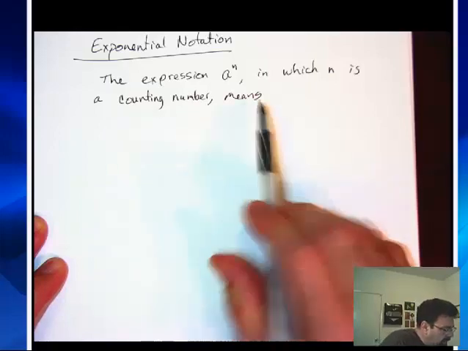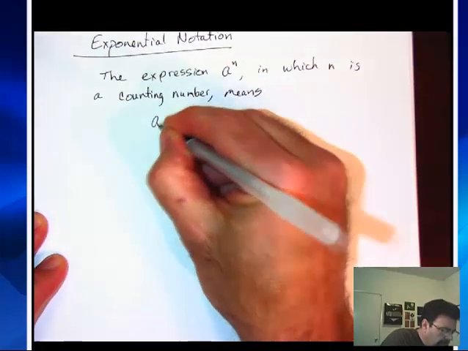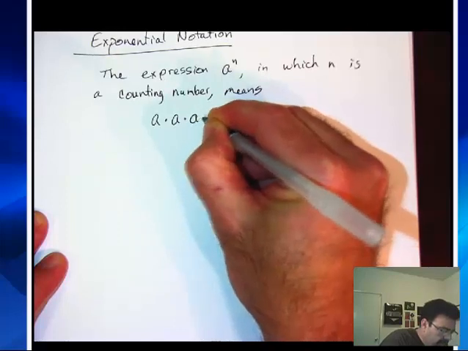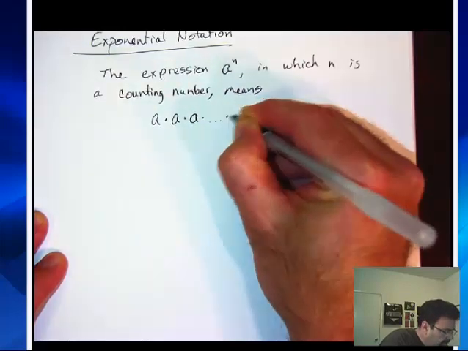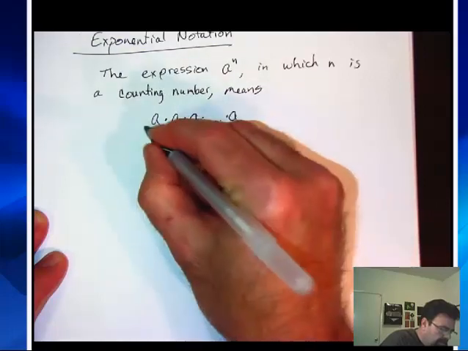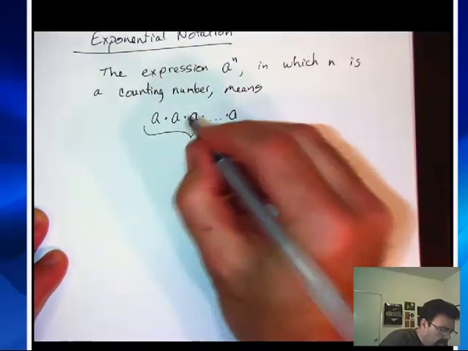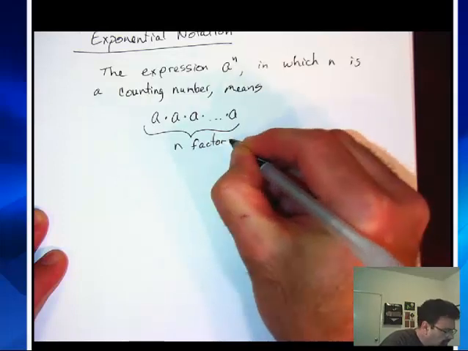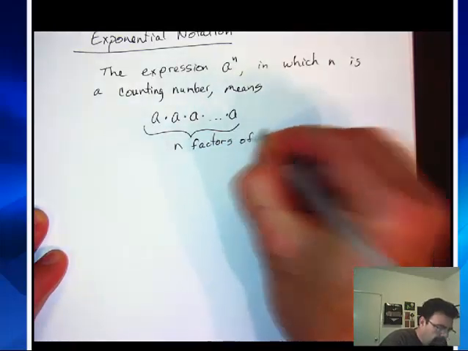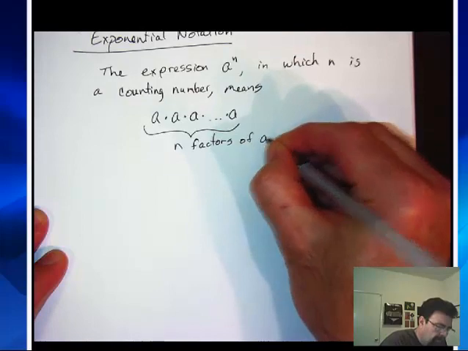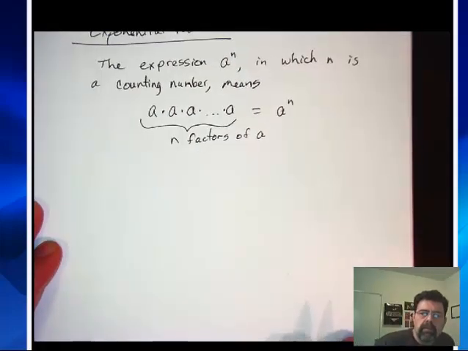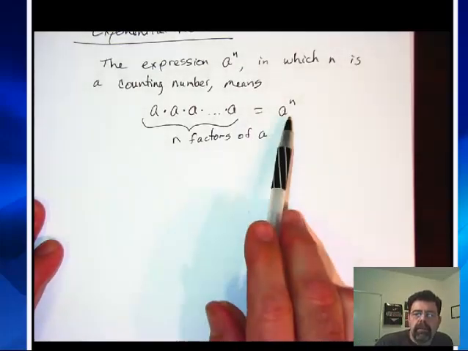Okay, so the expression a to the n in which n is a counting number means, so we're going to have a times a times a times dot dot dot times a in n factors. So that's a to the n.